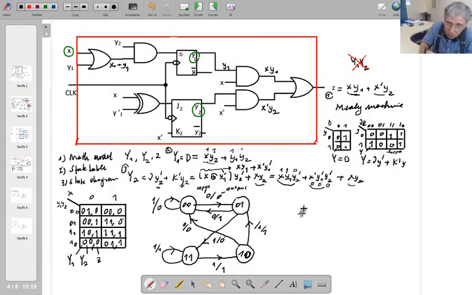So let's assume we are applying 1, 1, 1, 1, 1, 0, 1. Let's apply this sequence. I chose this randomly.